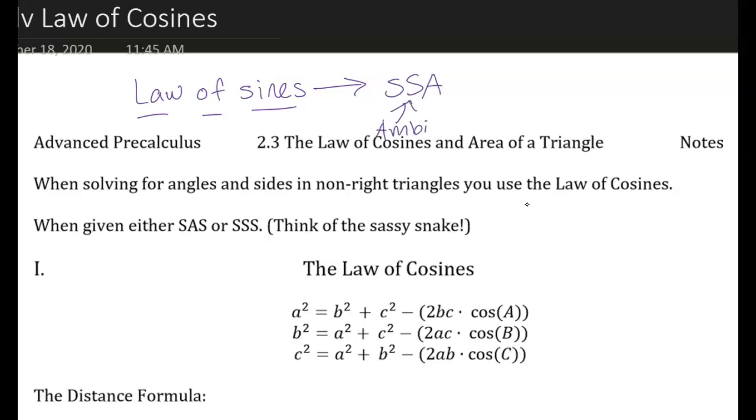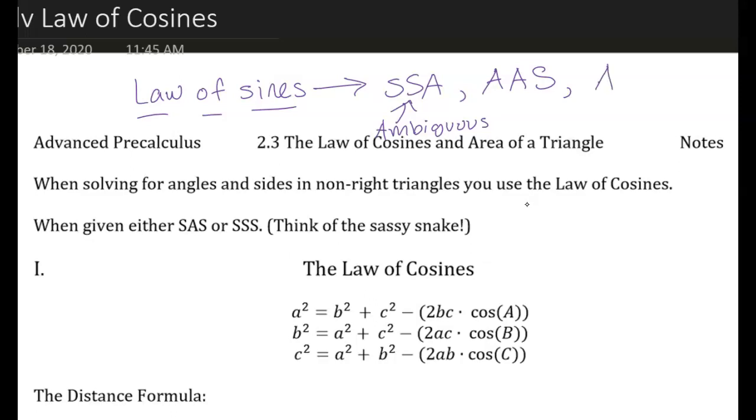What else could we apply law of sine to? AAS? Yeah, AAS, and I think that there was one more. One more. When they give us, oh boy, this is important.